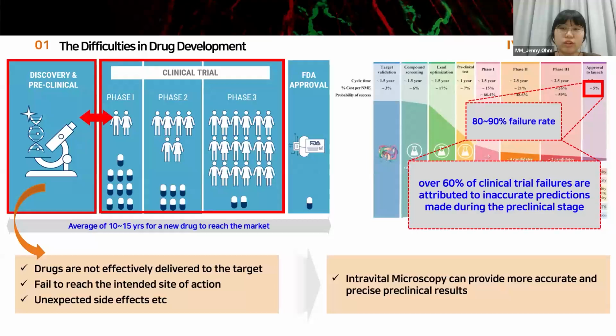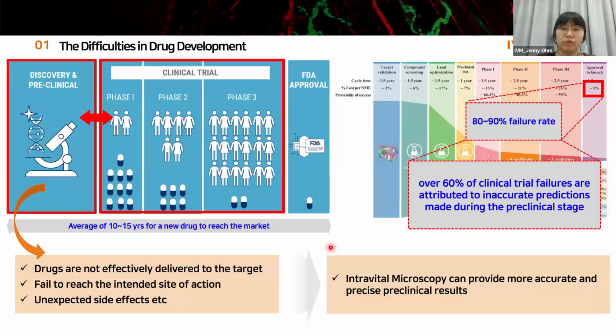There are many reasons for these failures, but a major factor would lie in the discrepancy between the preclinical and clinical results. This is largely due to the limitations of conventional preclinical approaches, such as in vitro assays and endpoint-based methods, which often fail to accurately reflect the drug's behavior and efficiency in living organisms.